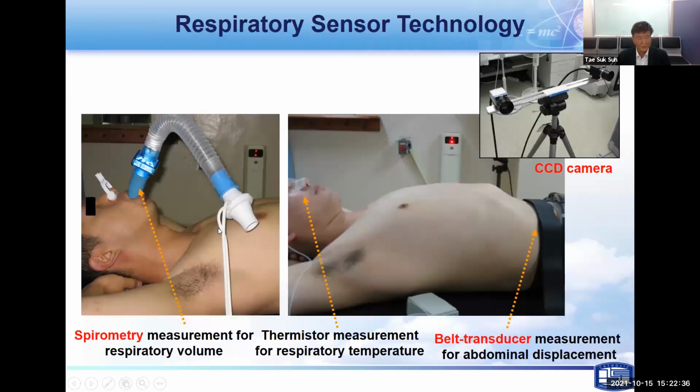So we can obtain the respiratory signal using various sensors such as a spirometer, thermistor, or bellows transducer. And a CCD camera is also useful to confirm the position.